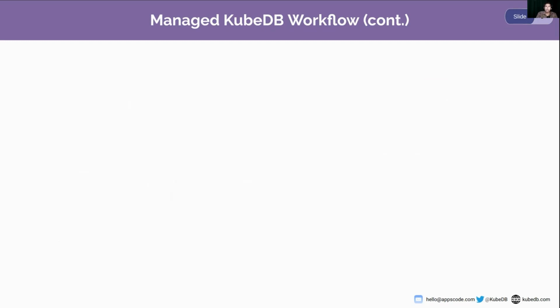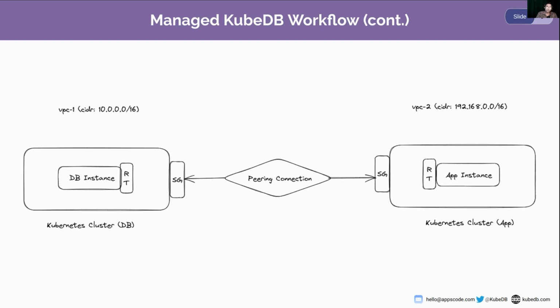And now let's see a scenario when you don't want to expose your DB in the public cloud. Let's say you also have the application cluster running in AWS, so you want to stay in the AWS networking backbone in a highly secure way.